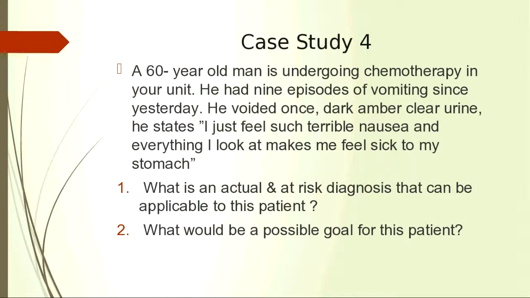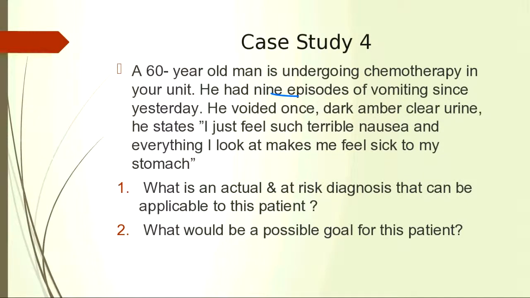So actual priority one could be impaired nutrition, less than body requirement. And why are we saying that? Related to the 9 episodes of vomiting, as evidenced by the urine dark amber, so it means a concentrated urine, and what the patient is stating.